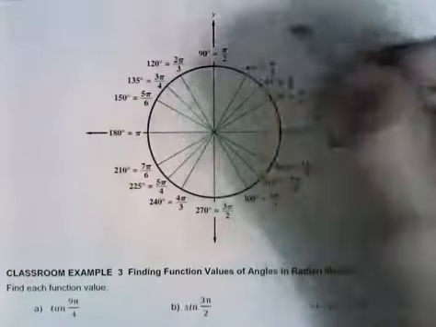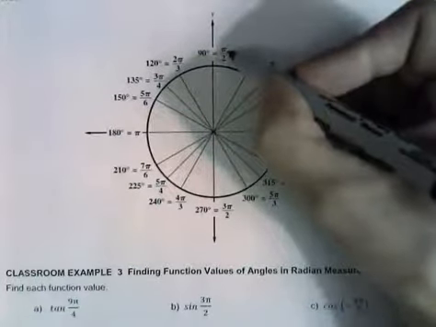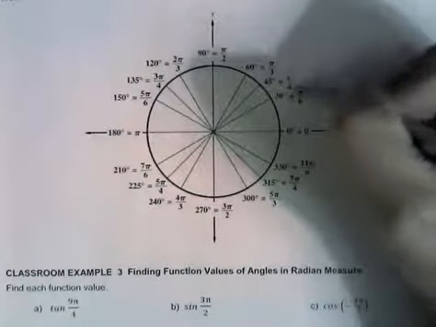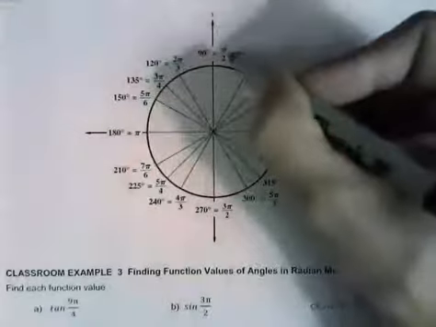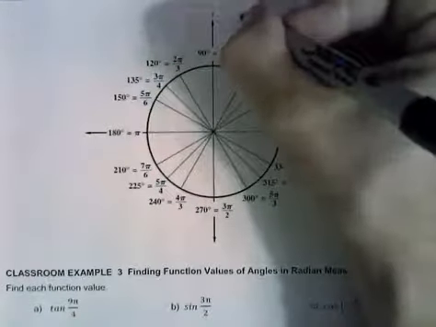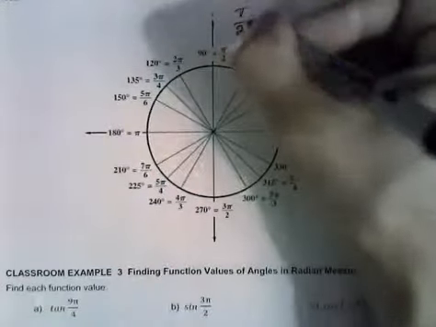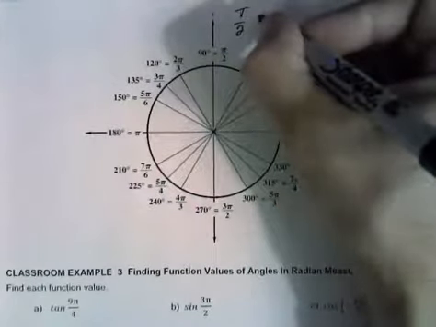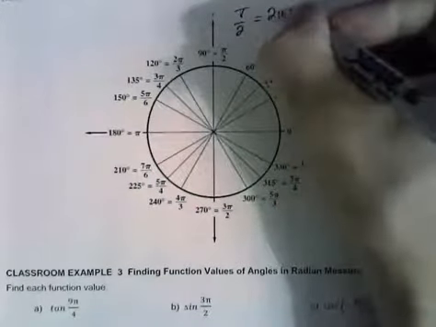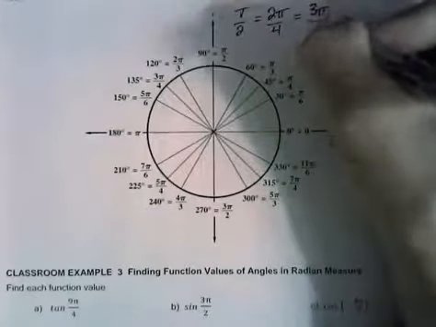So one thing to think about with these quadrantal angles is we're going to be dealing with fractions. So if you think about pi over 2, if you think about that as a fraction, that's the same as 2 pi over 4. It's also the same as 3 pi over 6.